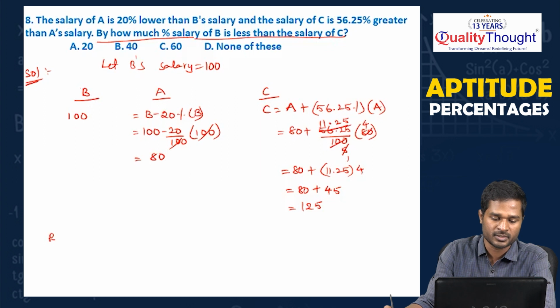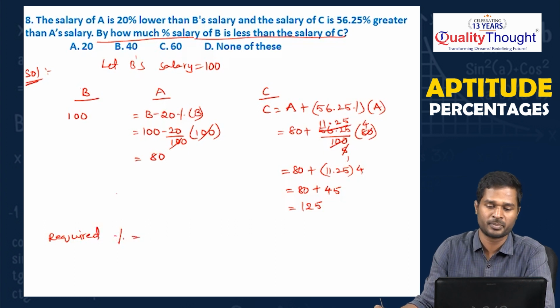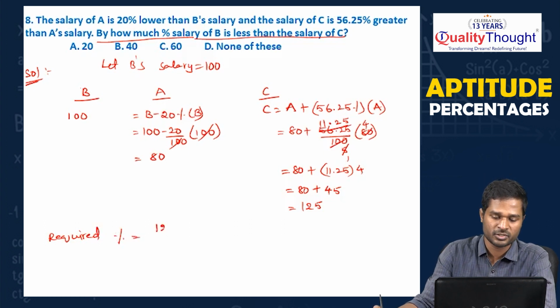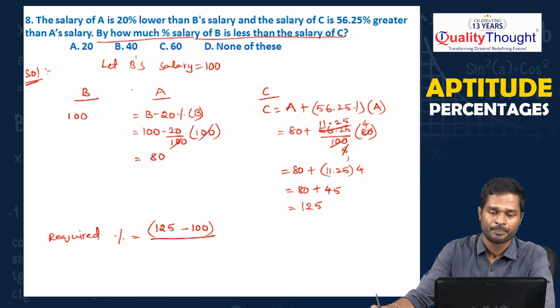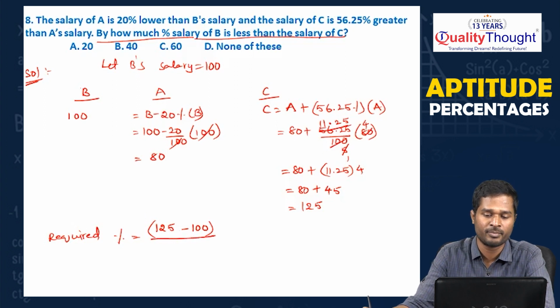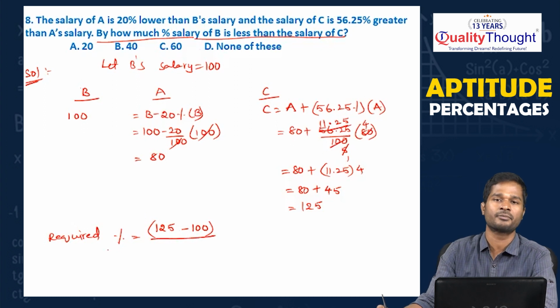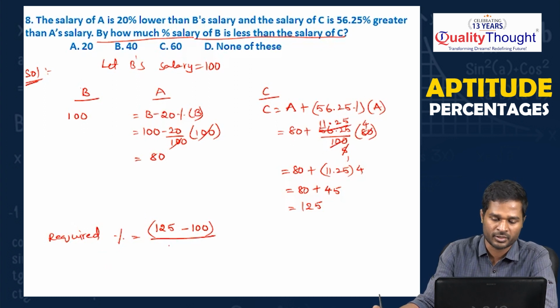So, the required percentage, how will we calculate? Just now I told in the previous questions. Take the difference between them, B minus C or C minus B, C is the highest value. So subtract B from it. Now check carefully what he is asking: by how much percentage salary of B is less than the salary of C. So the difference he is comparing with the salary of C. So C salary is 125, write that in the denominator.